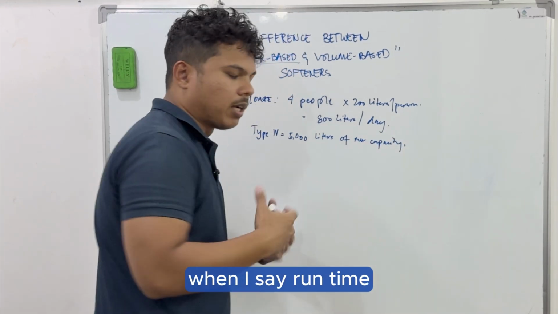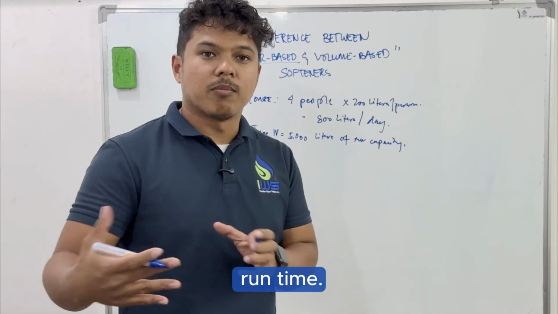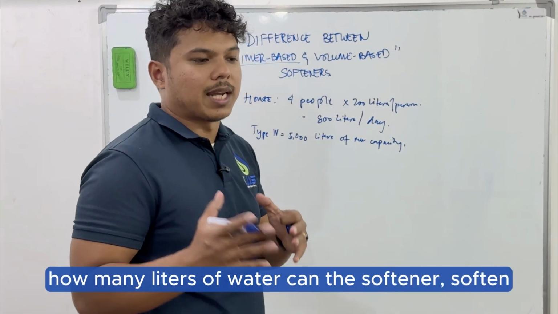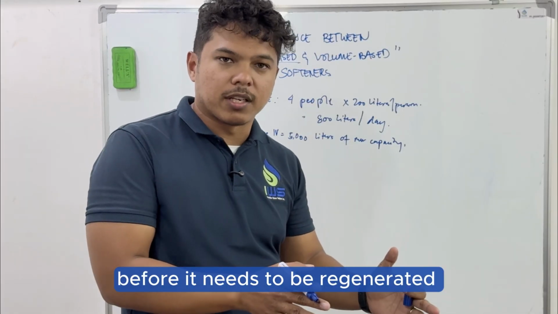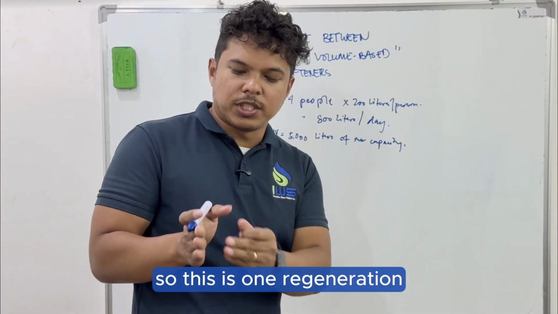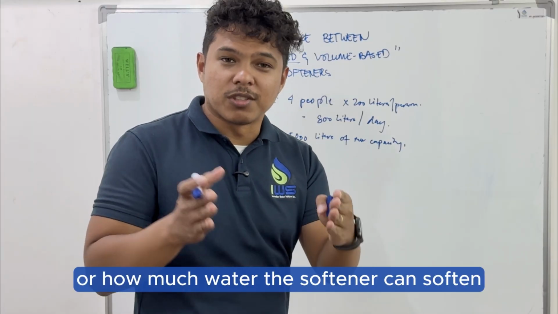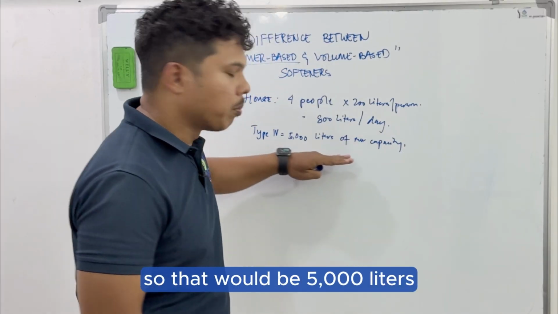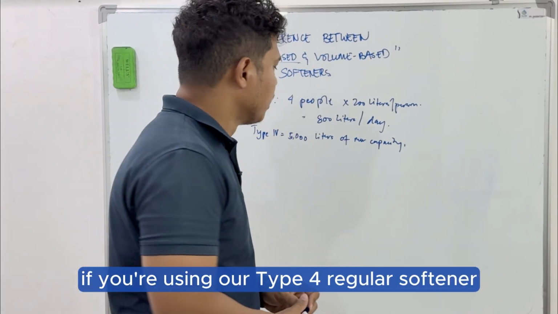When I say runtime, it can also be called filter runtime. That means how many liters of water the softener can soften before it needs to be regenerated, okay? So this is one regeneration, then how much water the softener can soften, and then regeneration again. So that would be 5,000 liters if you're using our type 4 regular softener.